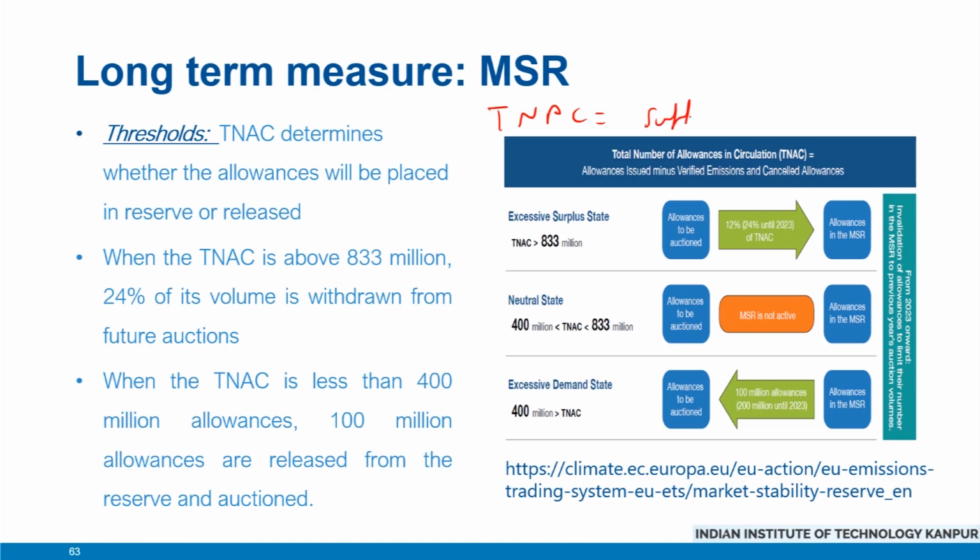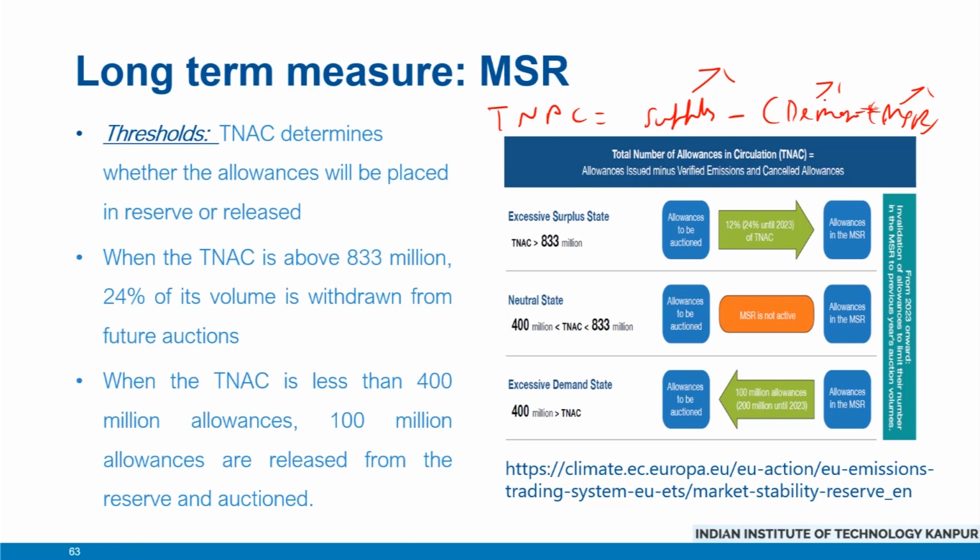So it's like supply minus demand plus those that are in reserve, MSR, where the supply is given by the total number of allowances issued under ETS from the current phase plus the ones banked from the previous phase, and also the international credits exercised by installation. So there are international credits also, as we discussed earlier. The demand side here is represented by the allowances and credits already surrendered for compliance or cancelled, plus those allowances that are held in MSR also.